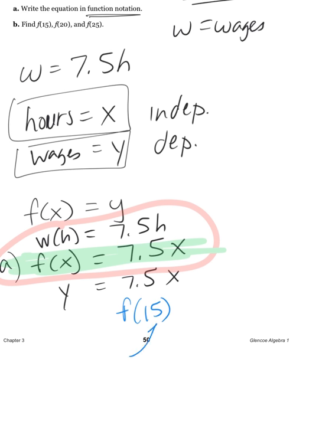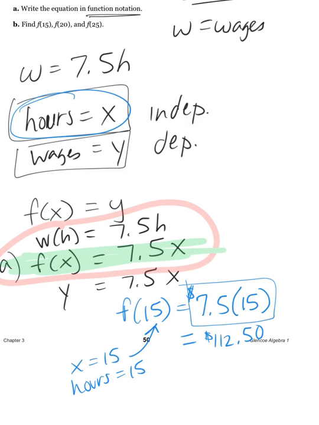What does x equal? 7.5? Well, that's how much he gets paid, right? And x is representing hours, right? So if he works 15 hours, I replace x with 15, and that's going to tell me how much he made. All right.